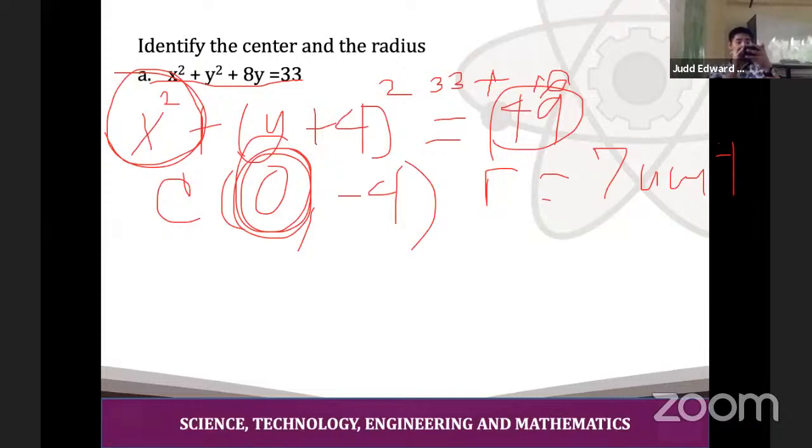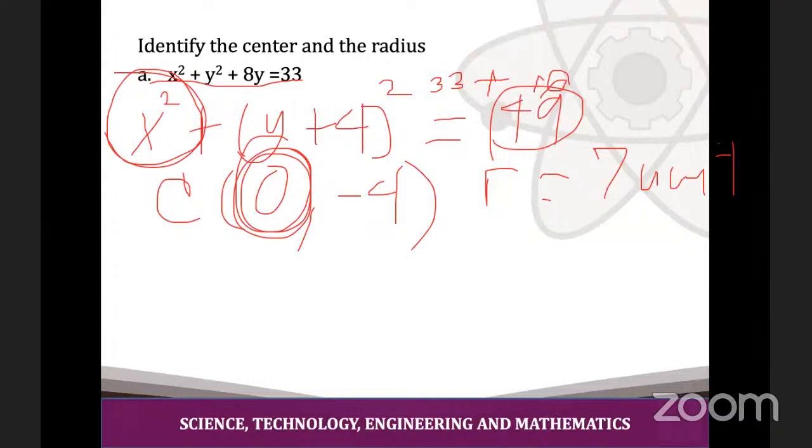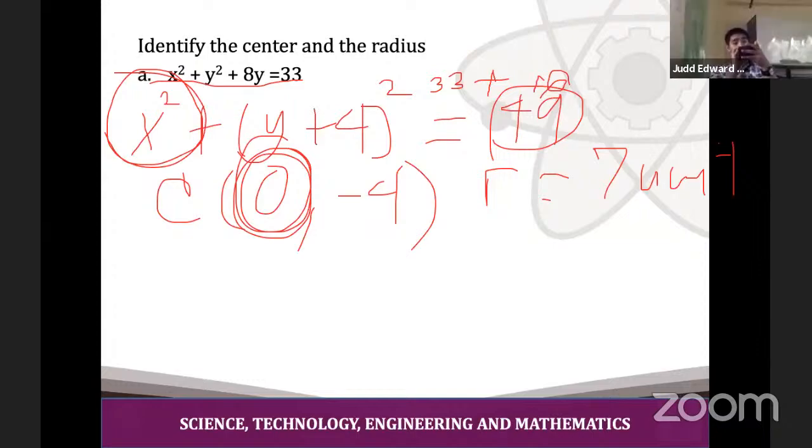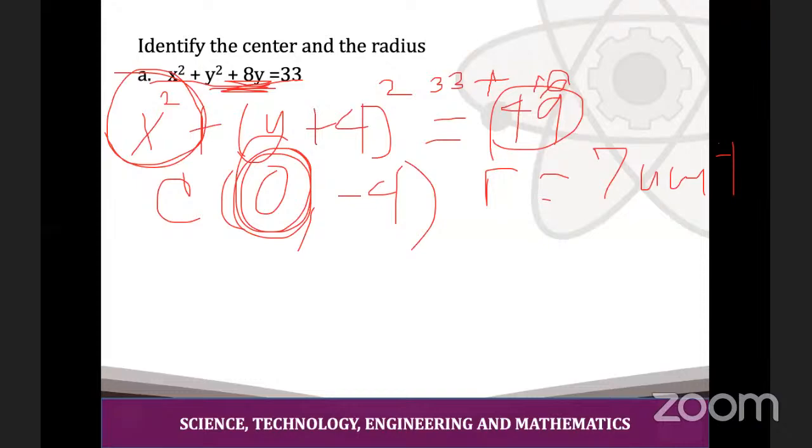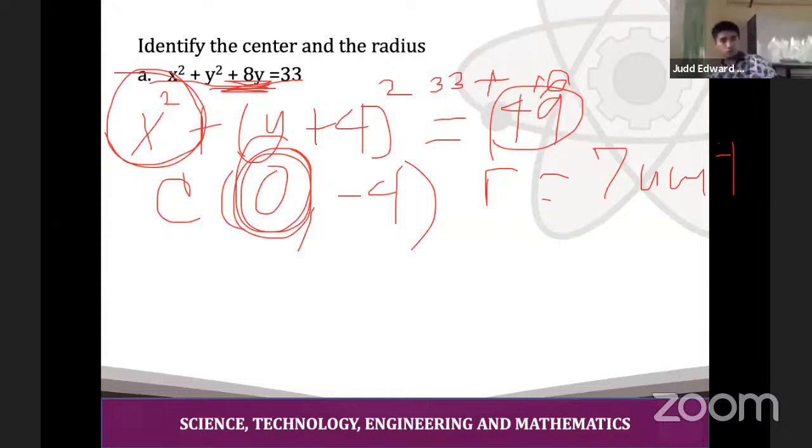Okay. Pero kung may kasama siya, meron siya dapat coordinate tulad ng y squared plus 8y. So nagkaroon siya ngayon ng negative 4. Lahat ba nakuha yung answer na 0, negative 4, yung center, and that the radius is equal to 7? Lahat ba nakuha or may question?